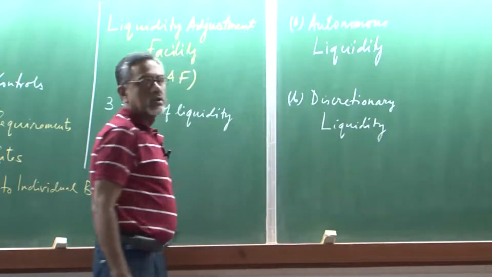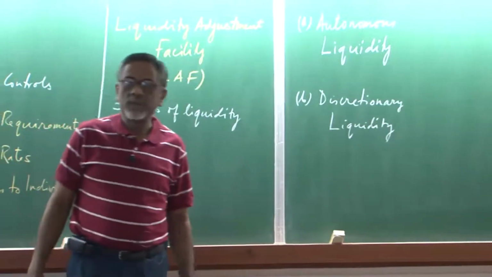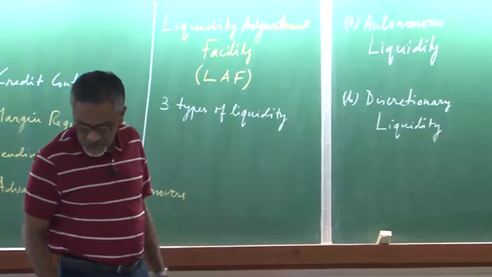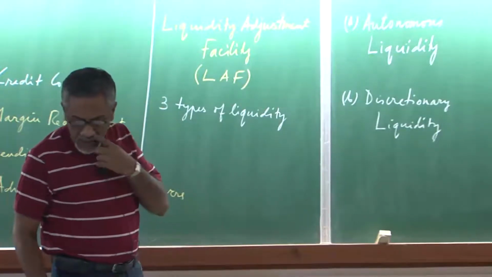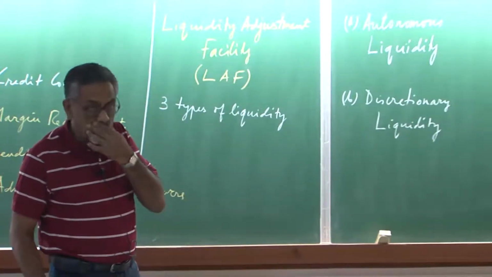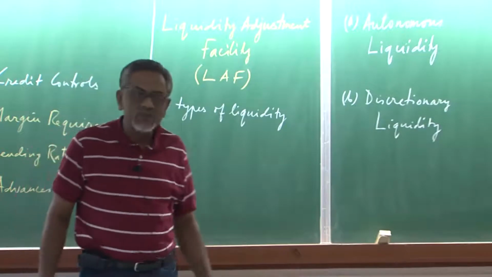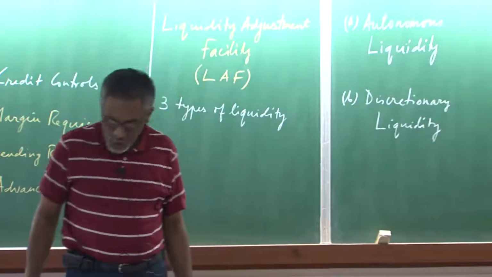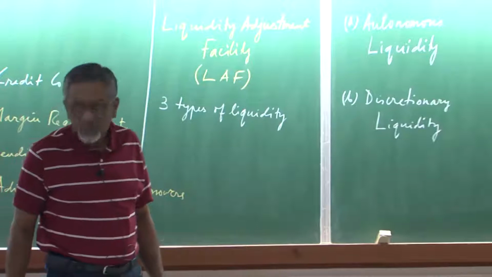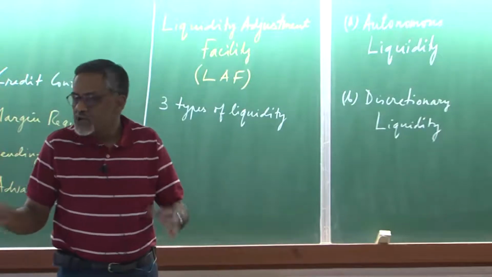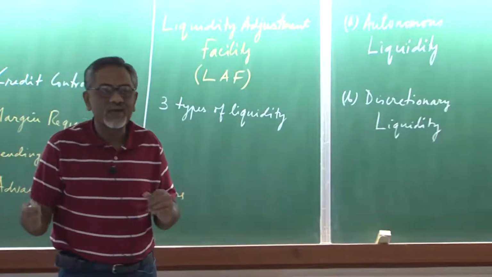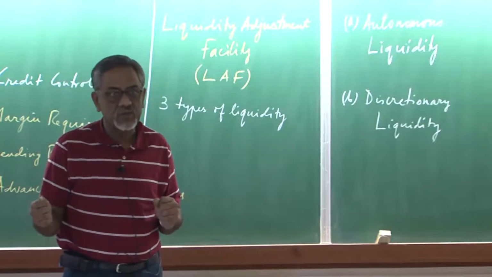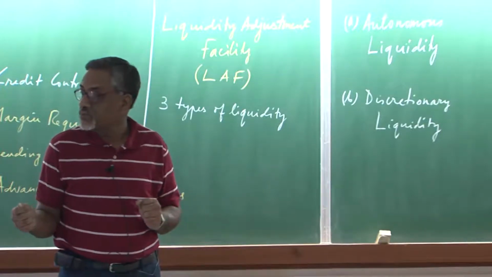Discretionary liquidity. This is not normal. Discretionary liquidity is something which RBI creates or deals with because of the monetary policy it adopts. Suppose there is too much liquidity and it has to sell repo, that is discretionary management of liquidity.